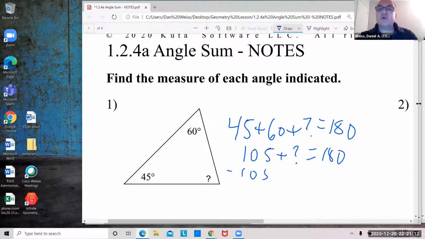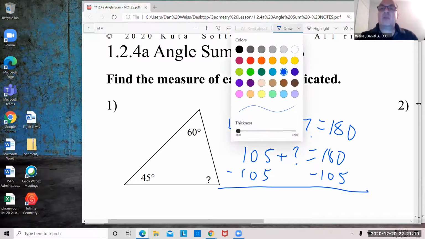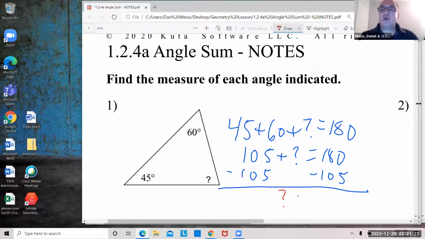Minus 105 from both sides. Question mark equals 75.